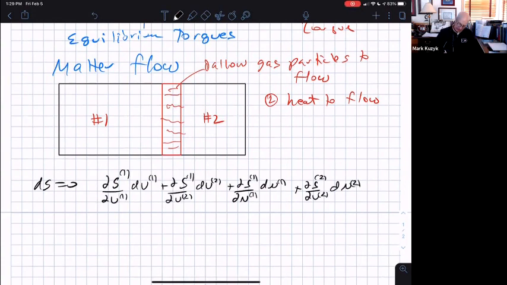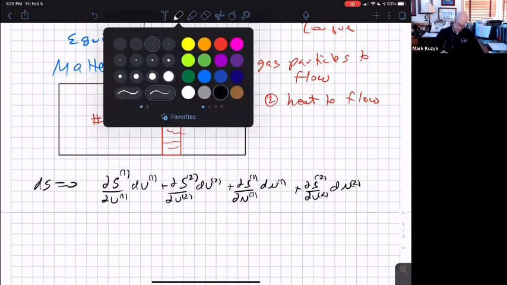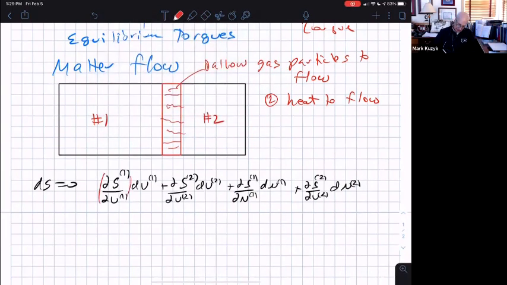I can see I made a mistake here. This should be a 2, like that, okay? And then as before, we're going to call this thing 1 over T1. We're going to call this thing 1 over T2, okay?